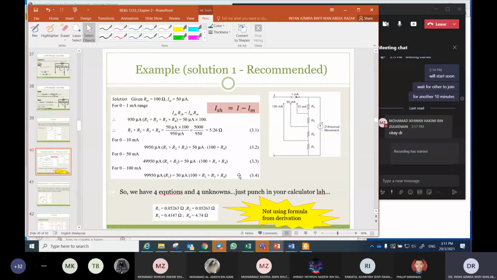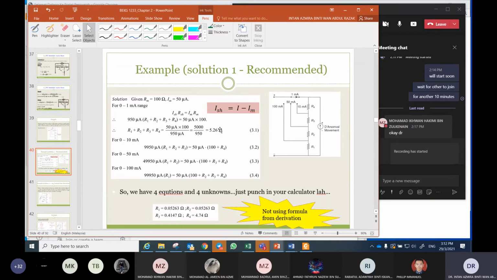By using your calculator, some calculators can only solve 3 equations. Usually in your midterm test and final exam, the equations to be solved are only up to 3 equations, or 3 unknowns.